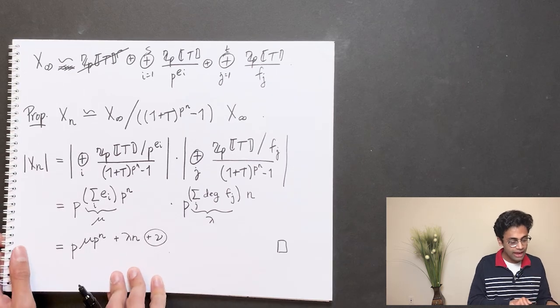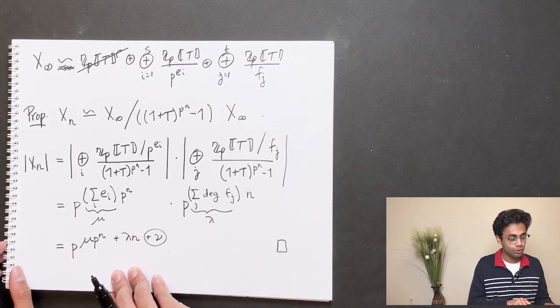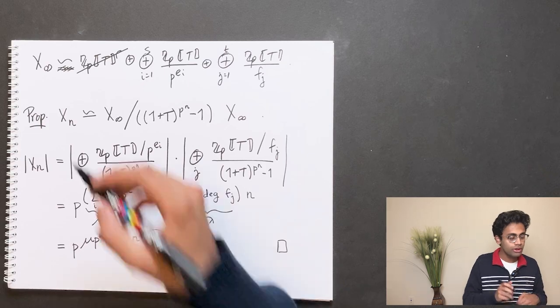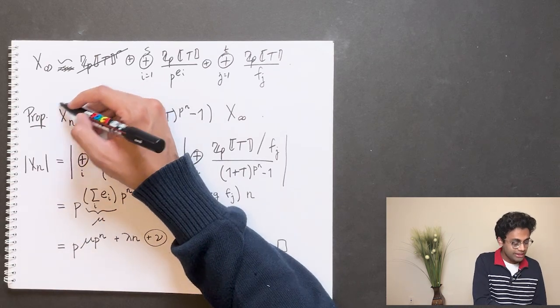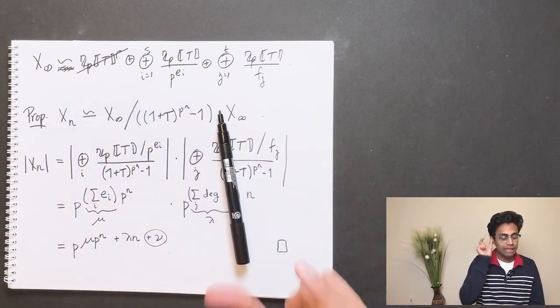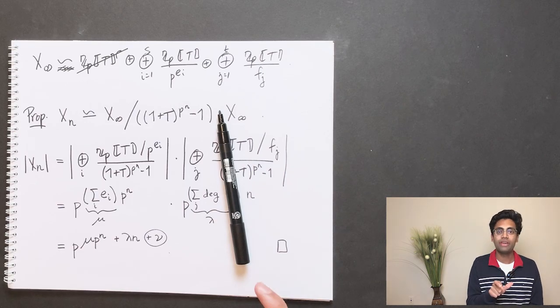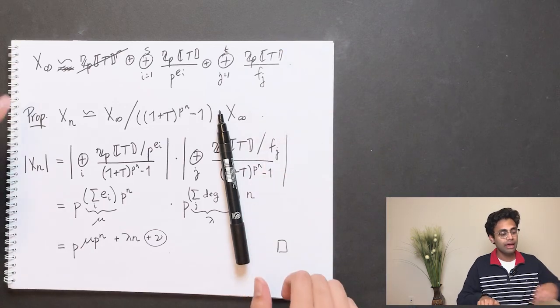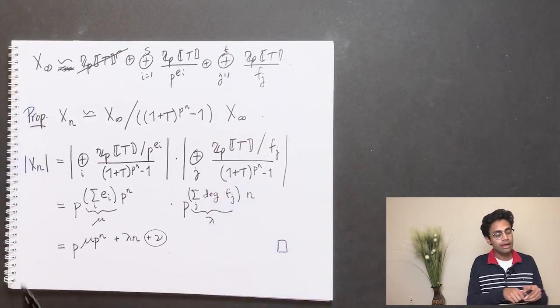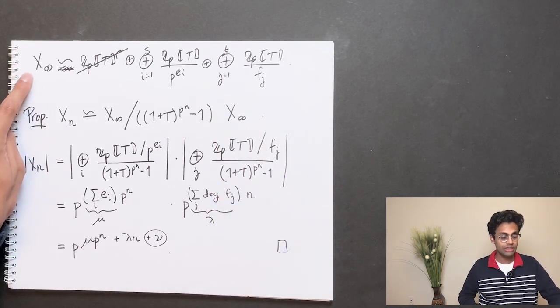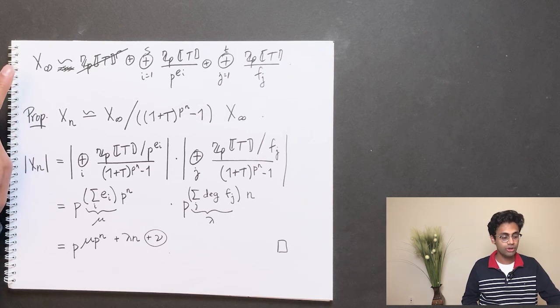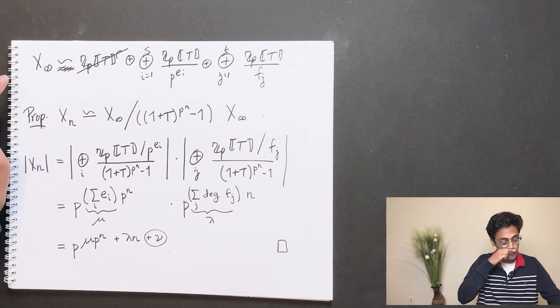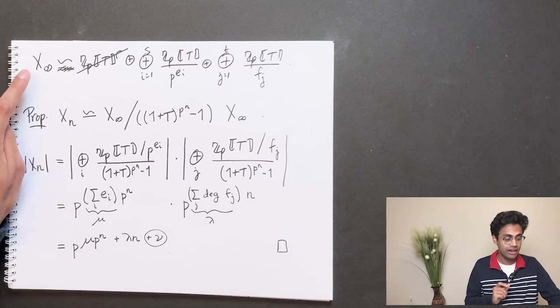Now, I should say, just to summarize how this proof goes, what did we do? So Xn was the p part of the class group at the nth layer of the tower. We looked at the inverse limit of those with respect to the norm maps, and that gives you X infinity. X infinity was a module over Zp double bracket t, and we asserted, without proof, that it's finitely generated torsion.